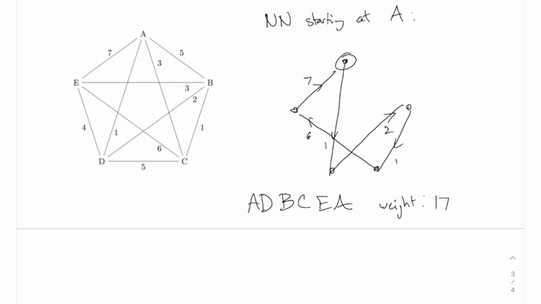This is the nearest neighbor algorithm. Sometimes it gives you good answers, sometimes bad answers, but in general, like in the real world, you would expect it to give you pretty good answers.